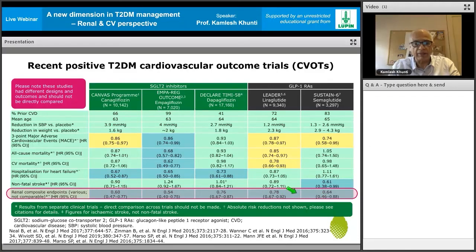Again, the definitions were different, but we see reductions that are in line with some of the results found in the SGLT2 inhibitor studies. And then if we look at hospitalization for heart failure, here all the benefits were for the SGLT2 inhibitors, massive reductions, anything from 35% onwards, in hospitalization for heart failure.